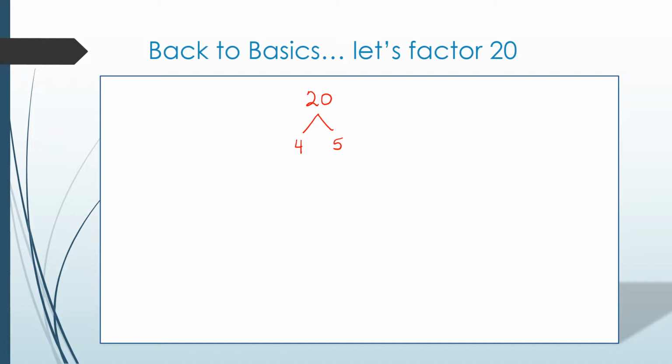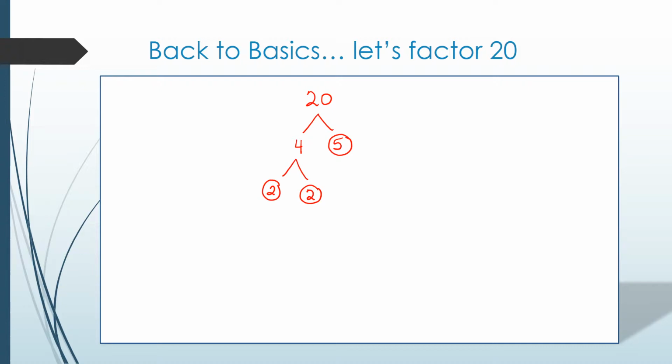Now 5 is a prime number, so I circle it, meaning it is done factoring, it cannot break down. But 4 is not prime, so I think of two numbers that multiply to give me 4, and I get 2 times 2. Now 2 is prime, so I circle it, and those are done factoring.